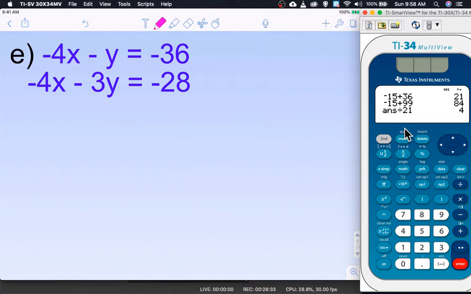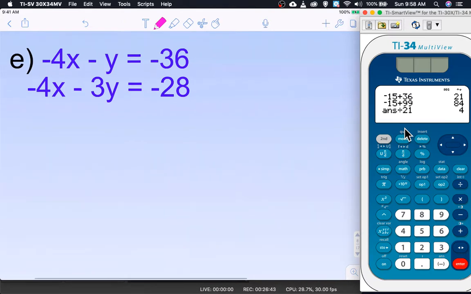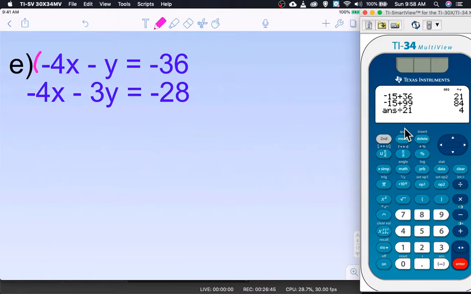All right, so the way I would do this is I would multiply the top equation by -1. If you chose to multiply the bottom equation by -1, there's absolutely nothing wrong with that at all. I chose the top just because. So when I multiply each of these by -1, I'm going to get -4x. No, I'm wrong.